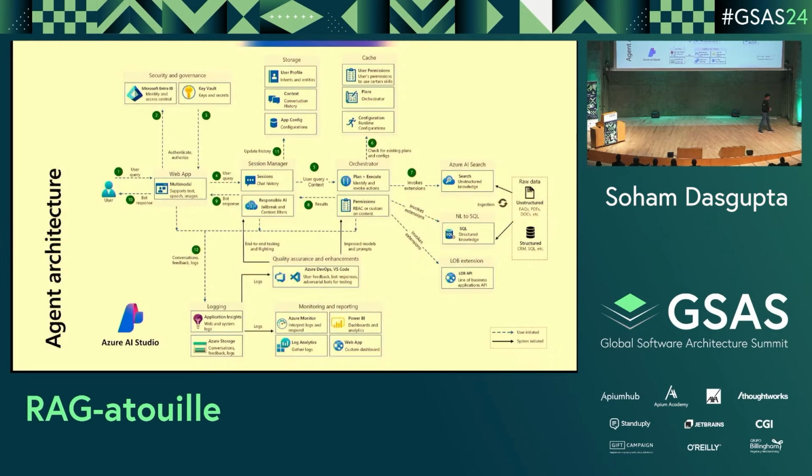And this is one of such complex architecture diagrams which we presented at the last Microsoft Build. If you see, there are different components available to manage your session, to do your storage, caching, orchestration, and telemetry.